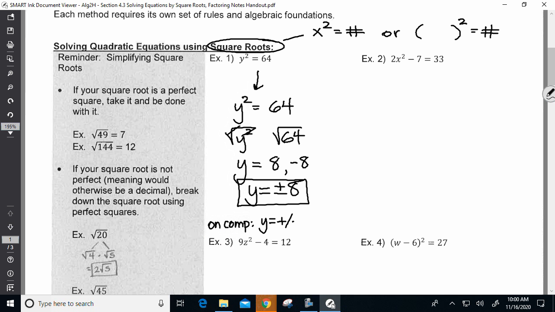Plus, slash, minus. So I make sure to say that knowing that your quiz is computerized. So problem 1 is your garden variety, fairly simple square root problem.